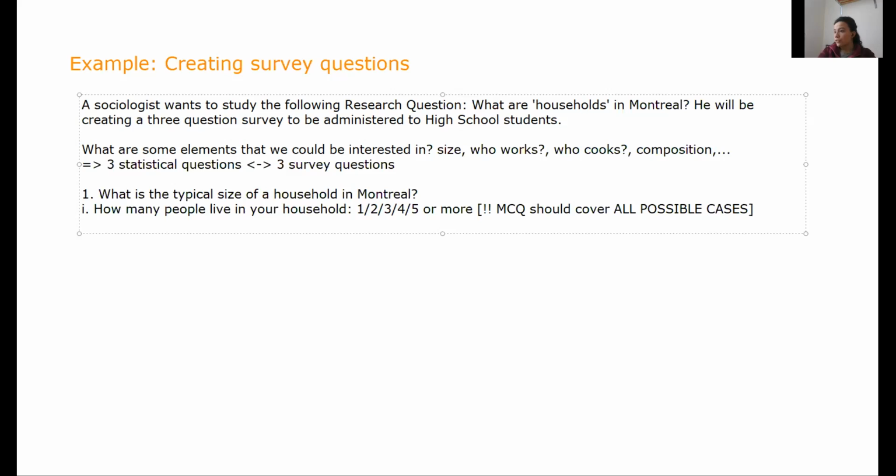You shouldn't have a multiple choice question, for example, that is, how many people live in your household? 1, 2, 3, 4, or 5 people. Because if your household has 6 people, you don't have a box to tick. And if you don't have an option that covers your case, you're going to be missing information or having wrong information in your survey. So you need to make sure that all of the possible cases are covered by your choices.